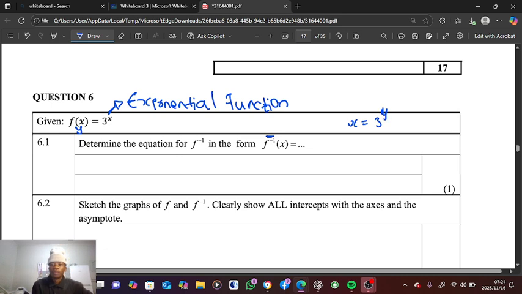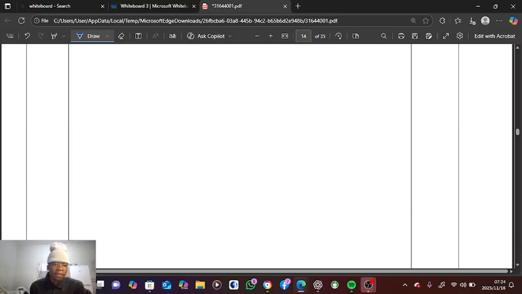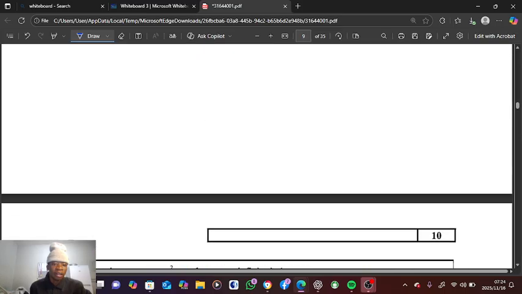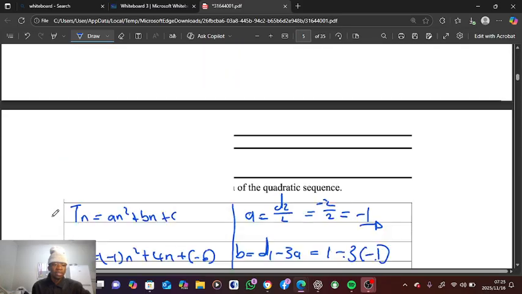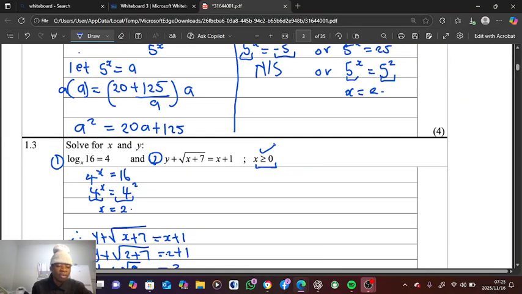If we get here now, we can see that this is the same as our answer on question 1, whereby we were simplifying a logarithm question, which says log base 4 of 16 is equal to x. So we change this to 4 to the power of x is equal to 16, meaning we have to take our equal sign to be to the power of our base.